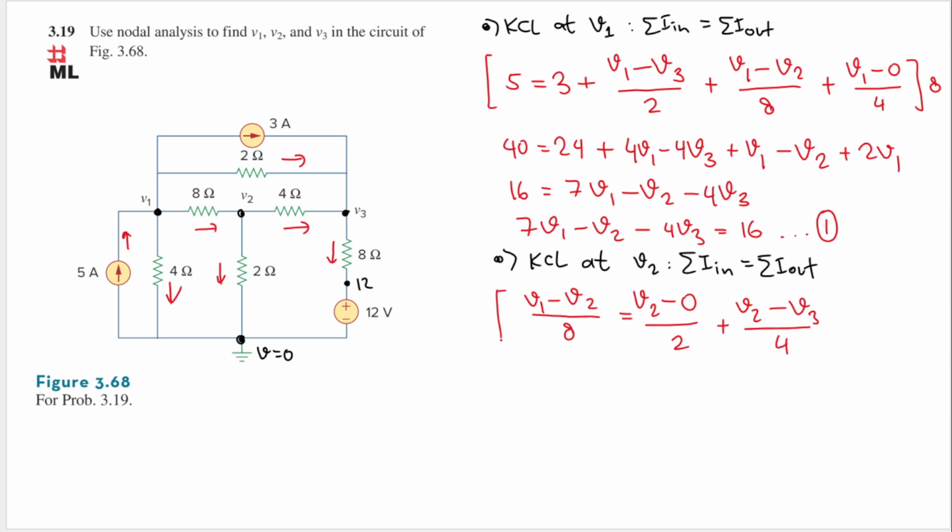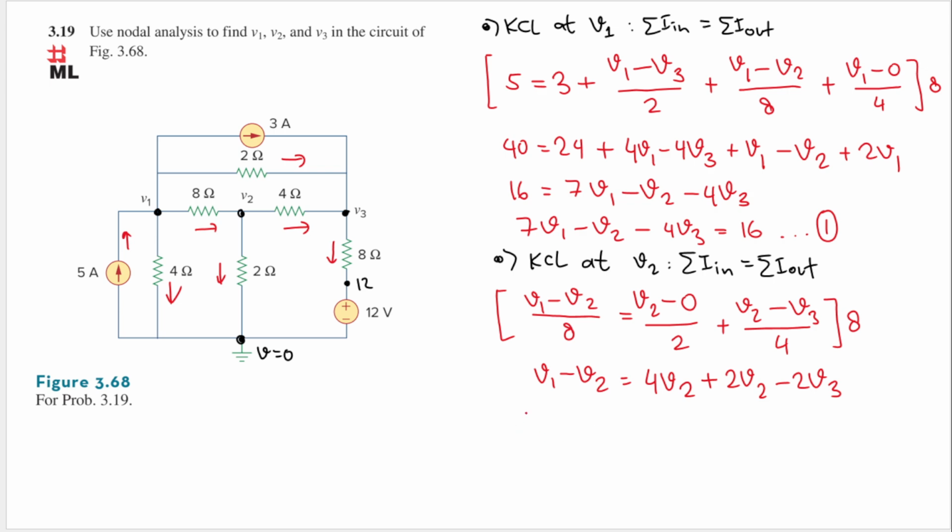Okay, let's multiply both sides here by 8. Here 8 will cancel each other, so I will have V1 minus V2. And then 2 and 8 will cancel into 4, so I will have 4V2. And 4 and 8 will cancel into 2, so I will have plus 2V2 and then minus 2V3.